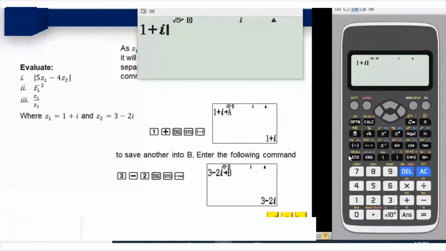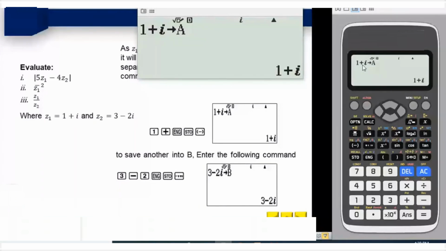So store the value into which value? Please realize that there are alphabets written with red: A, B, C, D, E, F, X, Y, M. I hope everyone can see these alphabets. So all you need to do is write 1 plus iota, press store, and press A. So now A is 1 plus iota.